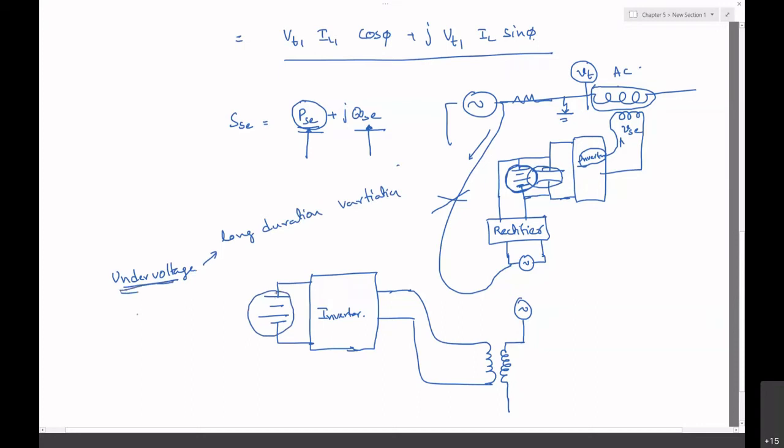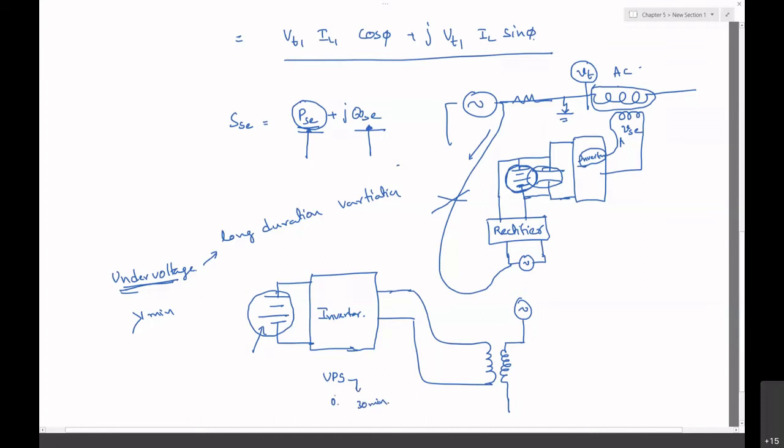This under voltage is a problem of more than 1 minute, so it requires a huge storage device. The UPS for your desktop system hardly supports, with a 0.5 kV or 1 kV UPS, maybe 30 minutes, not more than that.